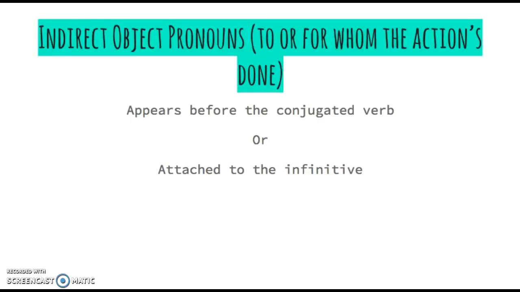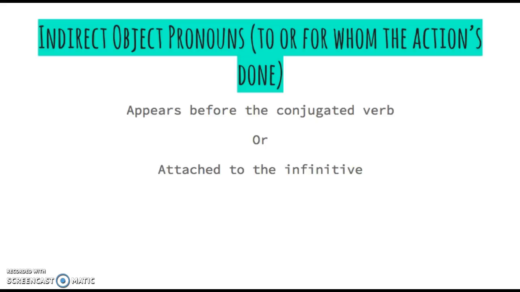In this unit, we're adding in indirect object pronouns. The indirect object is to or for whom the action is done. Okay, let me say that again. The indirect object is to or for whom the action is done. In this case, I'm finding a pronoun to replace that indirect object.